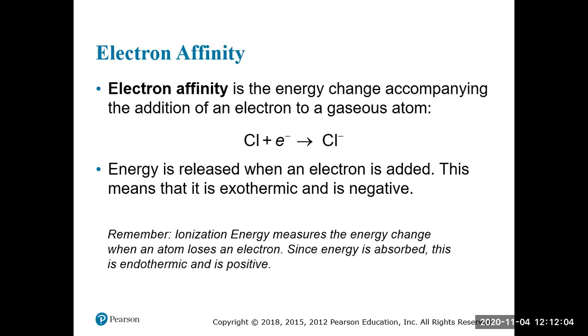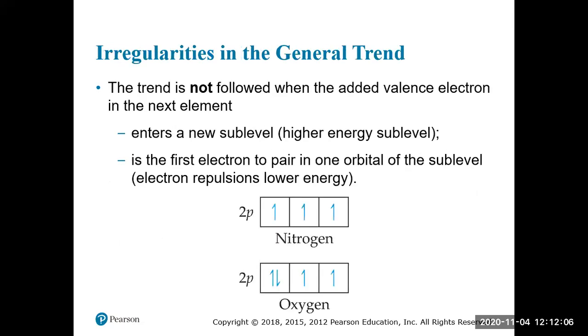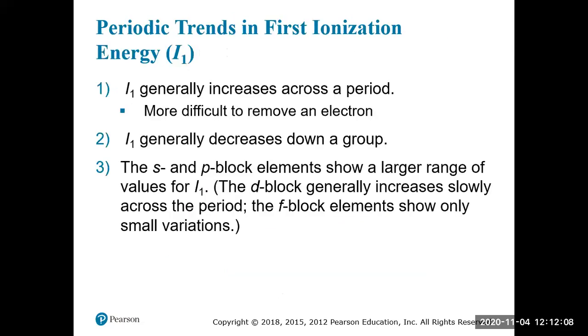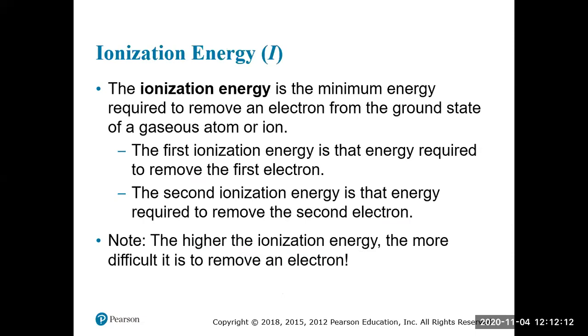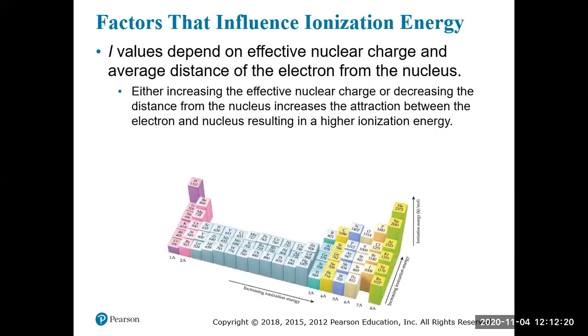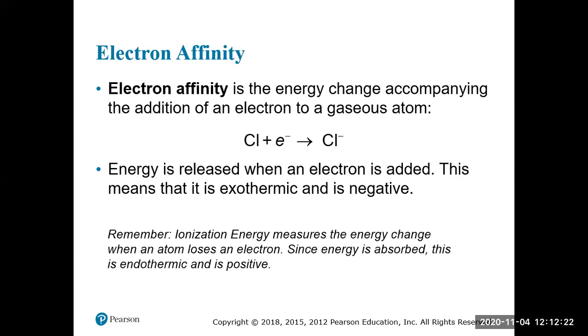So we talked a moment ago about ionization energy. And we said ionization energy is the amount of energy required to remove an electron. Okay, so now if there's something to lose electrons, then there's also something called electron affinity.